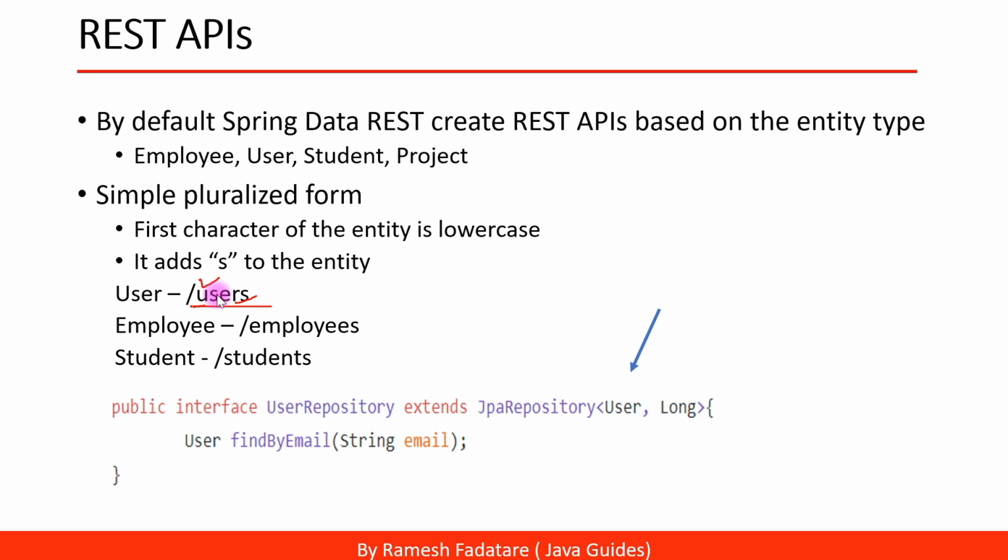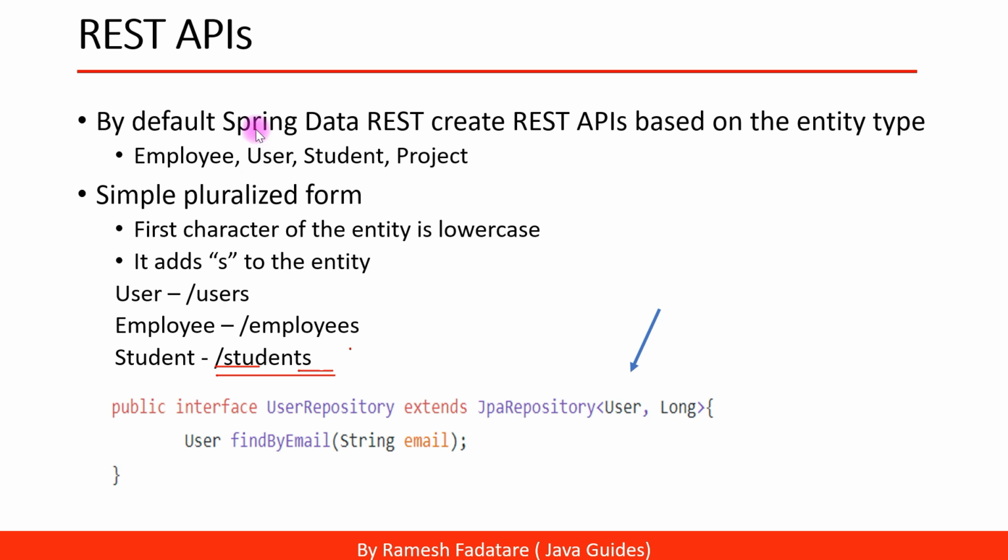Okay, this is the pluralized form. Similarly, one more example is employee. It will lowercase the first character, and then add s at the end. Similarly, for student, the first character of the entity is in lowercase, and then it will add s. So this basically looks like a pluralized form.